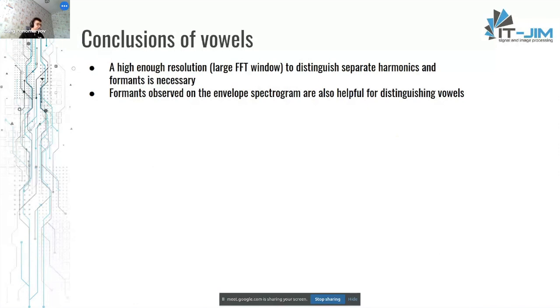We have a couple of conclusions to make. First, that we need a high enough frequency resolution of the spectrogram so that we could distinguish different harmonic waves and formants. Though in practice, it doesn't mean that you should take as high a frequency resolution as possible. Just reasonably high would be enough.